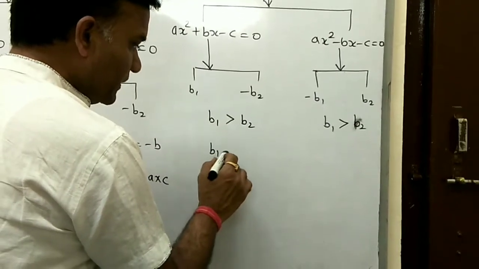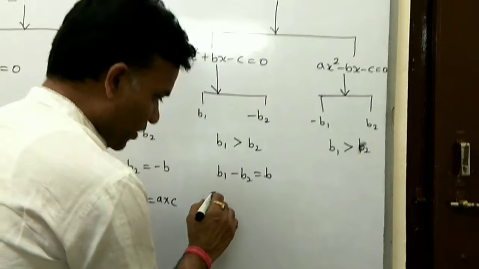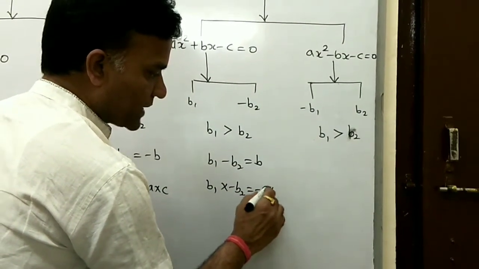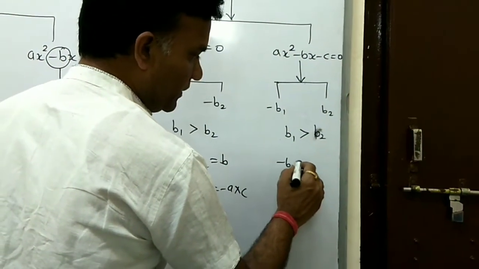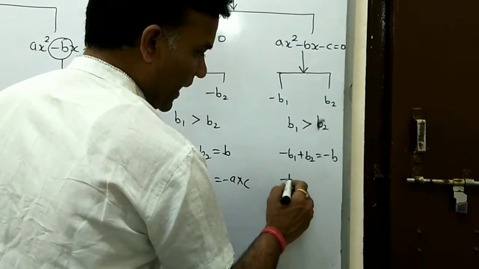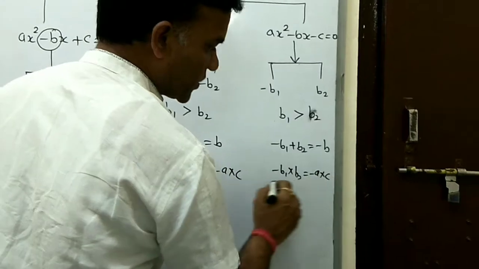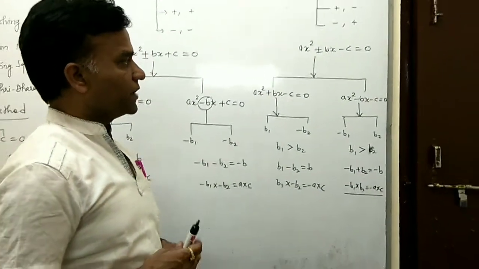Similarly, b1 minus b2, the resultant value is plus b, and b1 into minus b2 gives minus a into c. The same case here, adding minus b1 plus b2, the resultant value is minus b, and minus b1 into b2 again gives minus a into c.